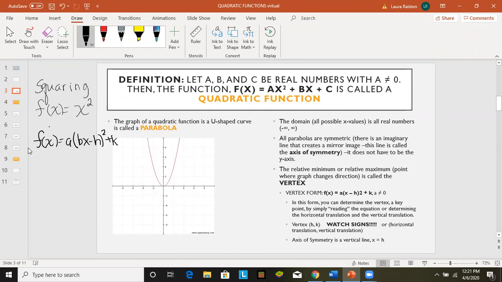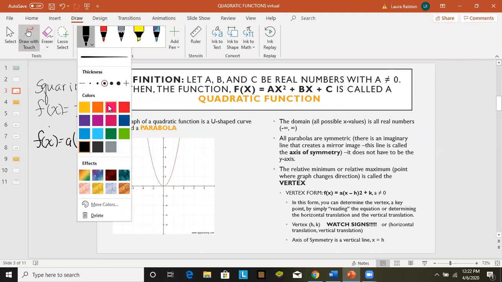We could reflect it on the x, reflect it on the y, vertically stretch it or compress it, or horizontally stretch it or compress it. And so one of the things that identifies it as the quadratic function, or the squaring function if you prefer that terminology, is that it has this exponent, or the high exponent is 2.